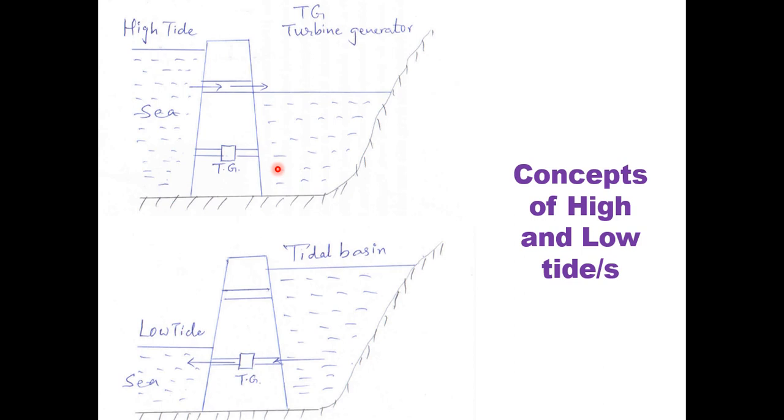So during high tide the water comes in, and in a particular case you are not allowing the water to go through the turbine, so you essentially have some gates over here to allow the water to go in or out without going through the turbine.